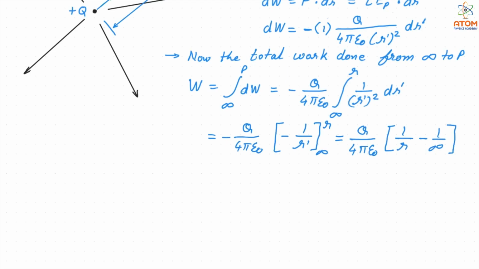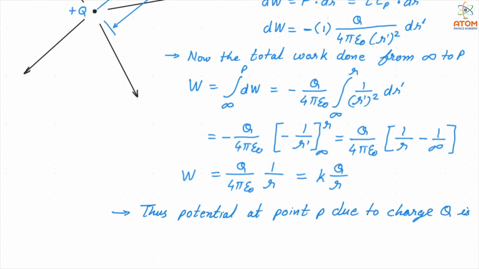Obviously 1 upon infinity will become 0. So the work done will be finally Q upon 4 pi epsilon 0 times 1 upon r, or you can also write it like kQ upon r, because 1 upon 4 pi epsilon 0 is k. Now this work itself is the potential at point P.